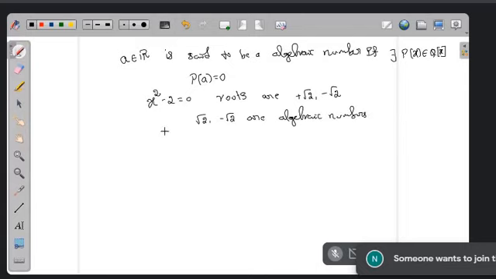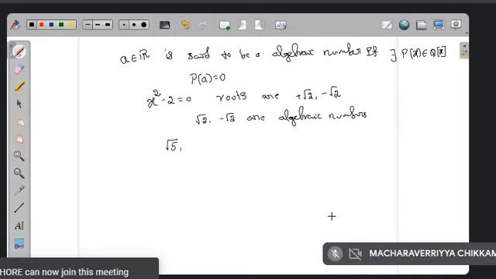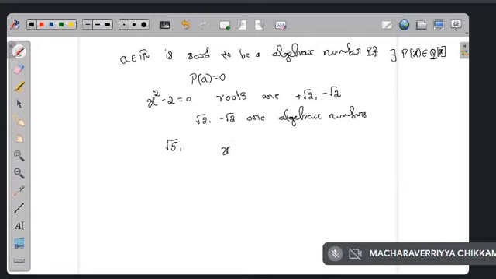Okay. So similarly, what can you say about root 5? Is it algebraic or transcendental? Can you find a polynomial with rational coefficients for which this is a root? Yes, it is possible. x square minus 5 equal to 0.